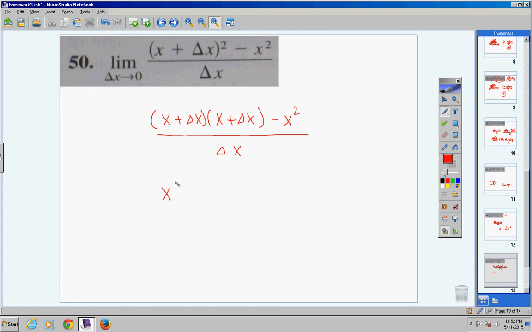You will get x squared plus delta x quantity squared. And then here we would have, let's see, 2x.